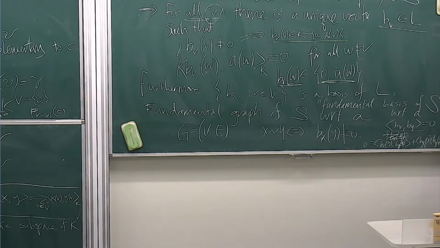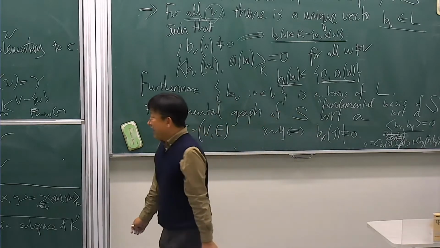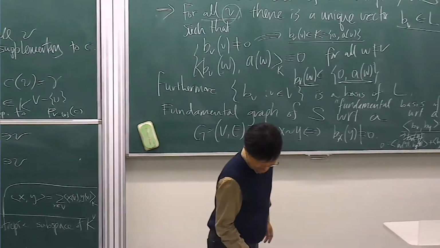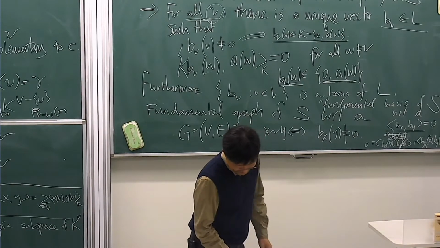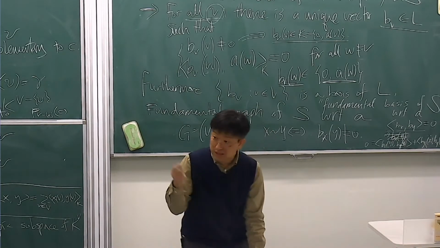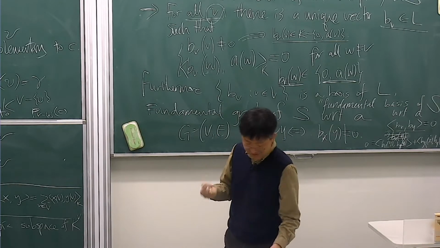So this gives you an undirected graph. So that's the fundamental graph of the isotropic system. And this is unique. If you're given an Eulerian vector, you have a unique fundamental graph.